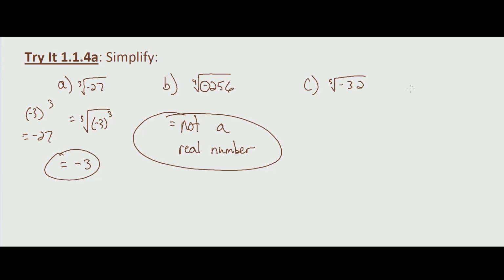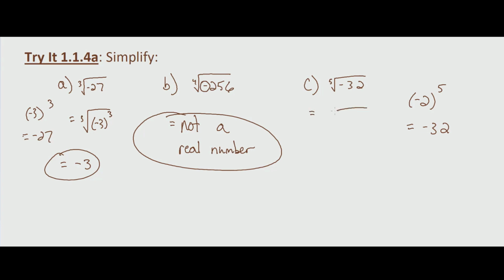So essentially what we need to recognize is -2 to the 5th power equals -32. I said -32 and wrote -36, so -32. So 2 times 2 is 4, times 2 is 8, times 2 is 16, times 2 is 32. So -2 multiplied by itself 5 times is going to be -32.